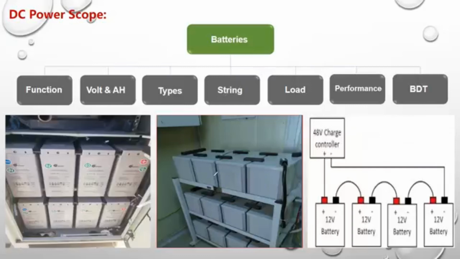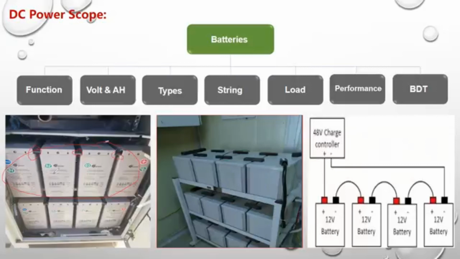Now, you'll find here 12 volt batteries connected. This is the 12 volt batteries. Let's raise this so you can see it clearly. And you can see that they're connected by these connectors together, all right?